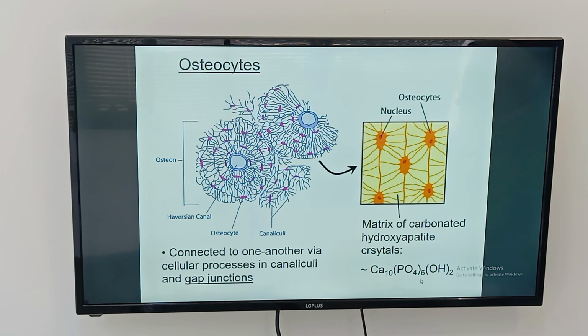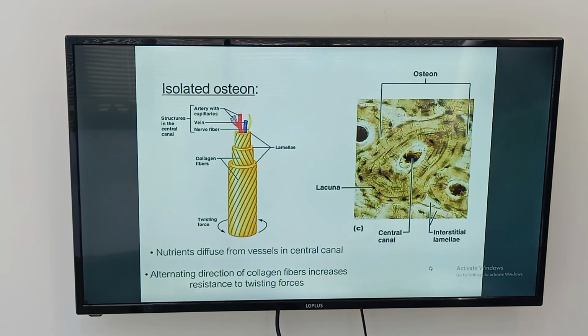And this is the chemical form of it: Ca10(PO4)6(OH)2. Then we're going to look at each individual osteon.